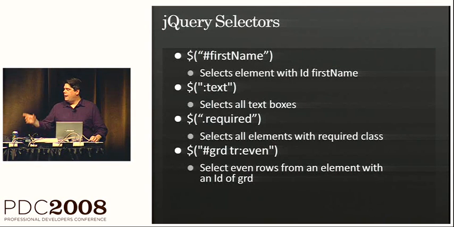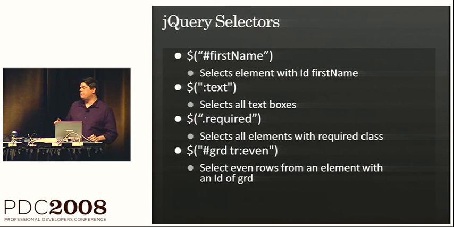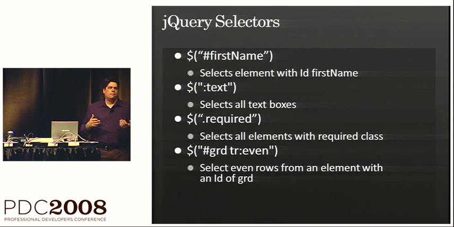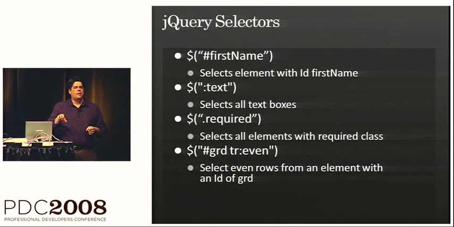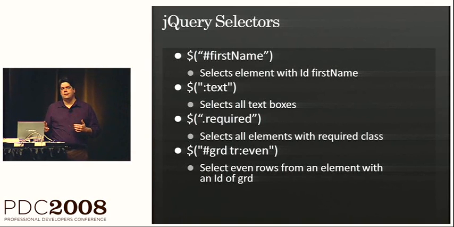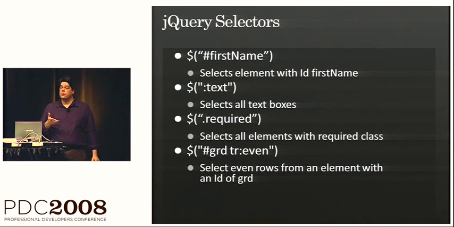All right, so I have some samples here, some standard jQuery selectors. Let me start with the one on the top, the pound first name one. That should just look like CSS to you. That's how in CSS you would pick out one element with a certain ID in the document and do something with it. It works the same way in jQuery. The second example is a little more interesting. It's kind of like the :visited pseudo-class if you're working in CSS.